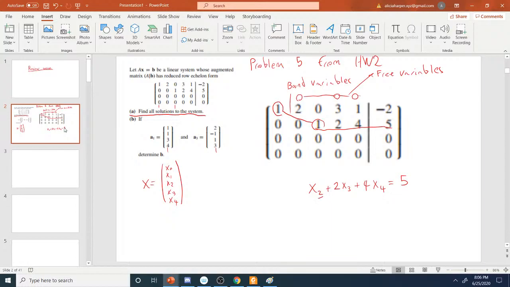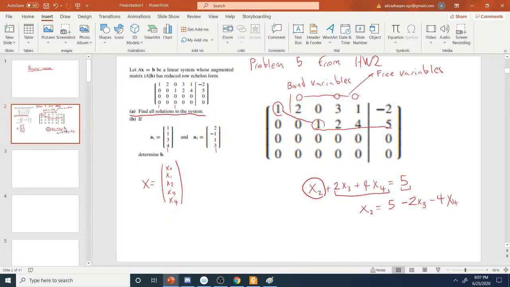So x2 here is determined as a function by this and this and this. So we can rewrite this as x2 equals 5 minus 2x3 minus 4x4, where we're basically going to allow x3 and x4 to be anything we want.